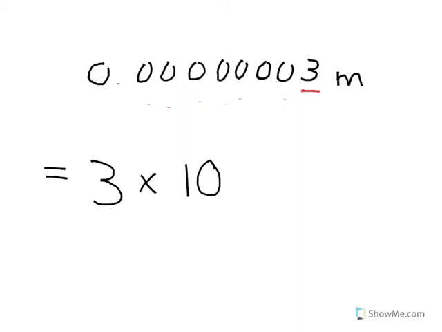So we're going to move the decimal 1, 2, 3, 4, 5, 6, 7, 8 spots to get the 3 right in front of the decimal there. And so that is 10 to the power of negative 8. All right, so that is how we represent this number in scientific notation.